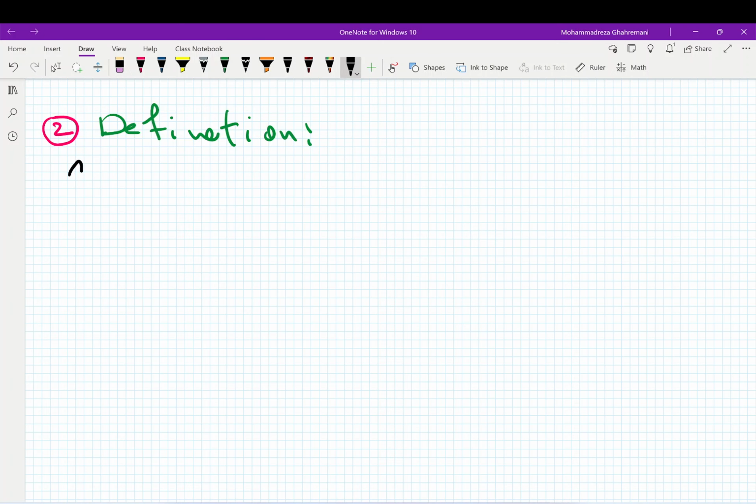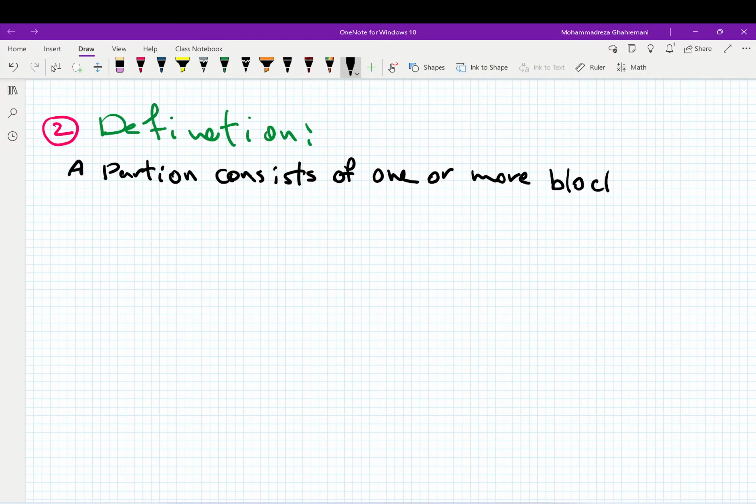We can say a partition consists of one or more blocks. What is a block? We will discuss.